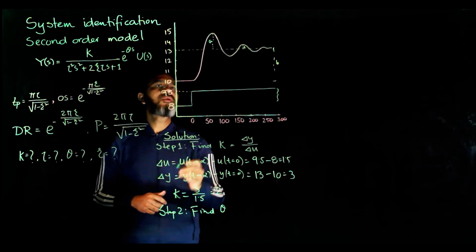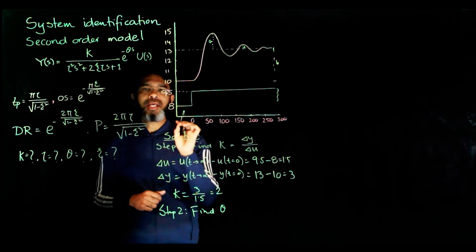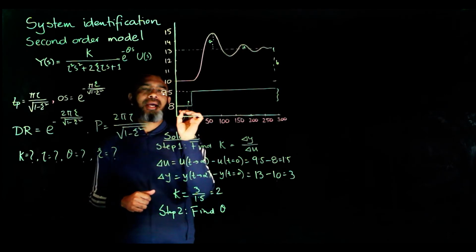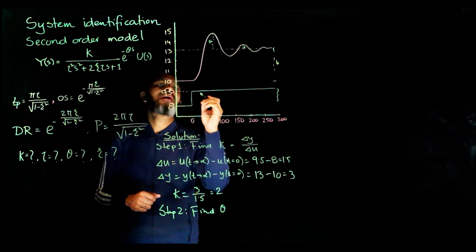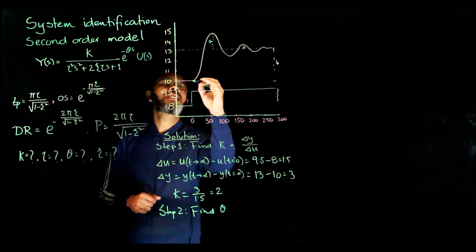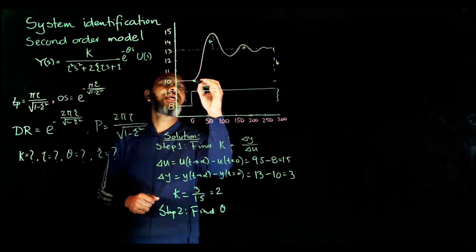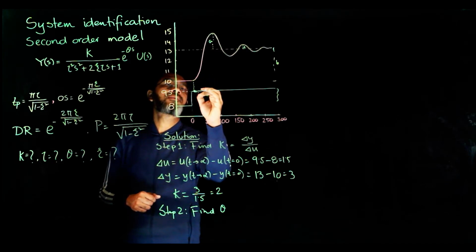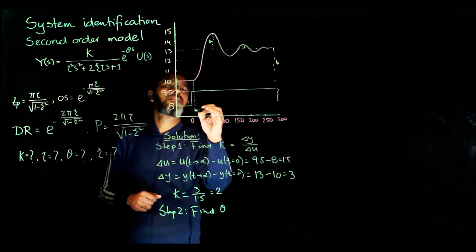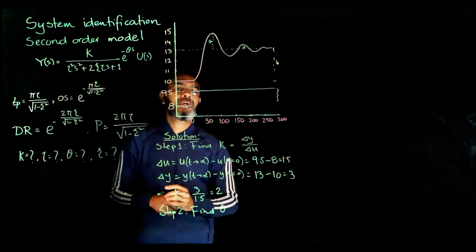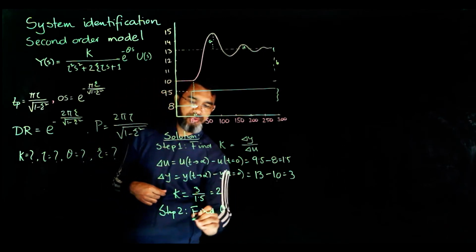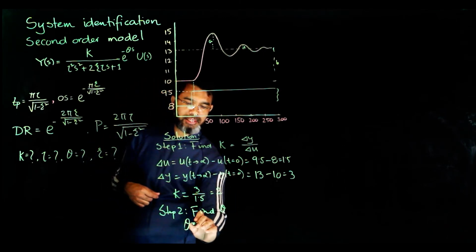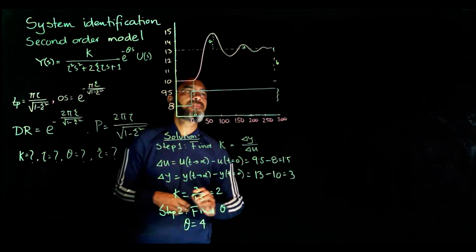If you are modeling the process as second order, you should carefully look at the timestamp at which the process starts to change. So it's something like here, we can see that the process started to change, and the value may be around, say, 3 or 4. So directly you can get theta equals 4.